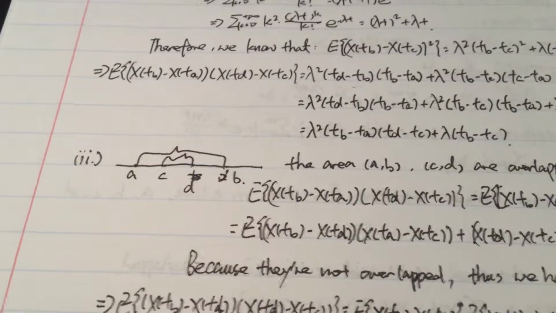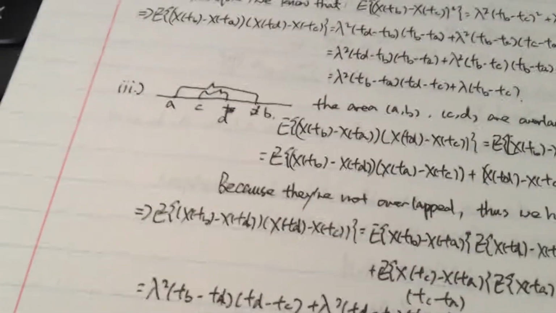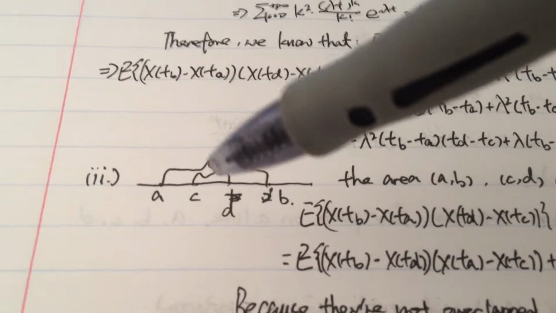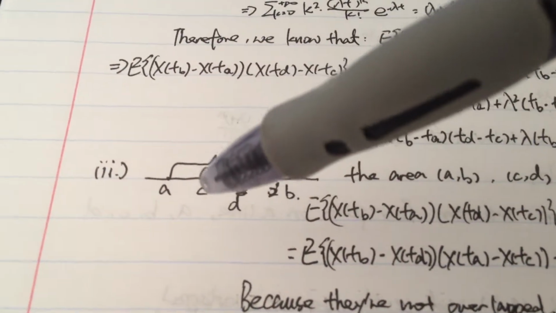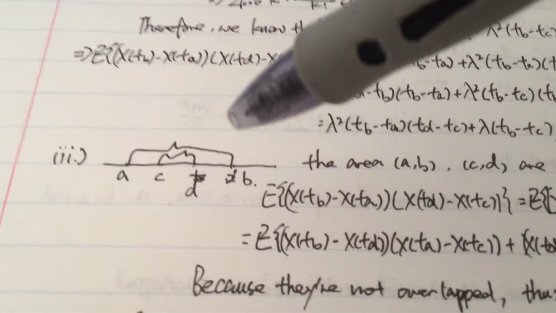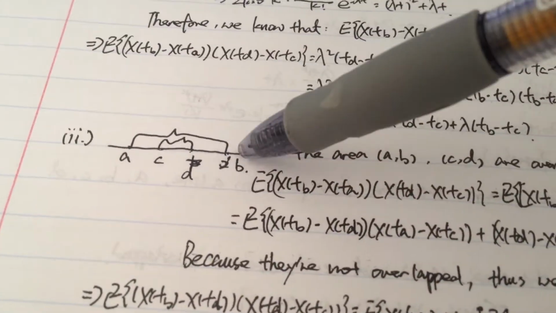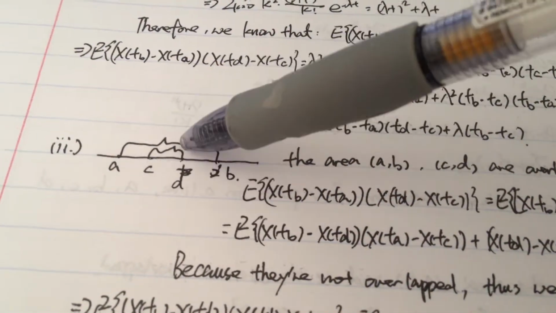And the third situation is that A is less than C, less than D, and less than B, so that this area is overlapped.